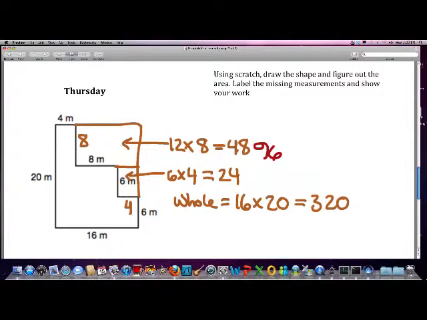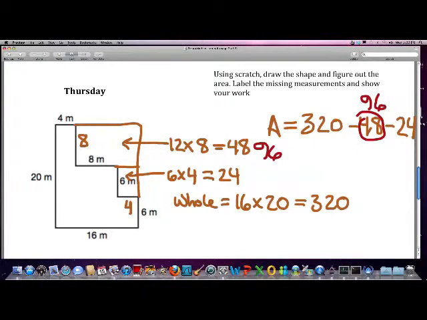And so now if I keep playing here, my area is 320 minus 48 minus 24. Okay, so it's not the 48 here. This needs to be a 96. And so if I keep playing, this part's going to be wrong because I have to do 320 minus 96.